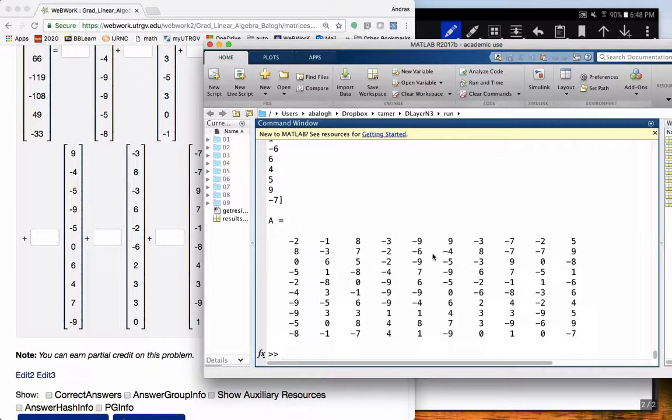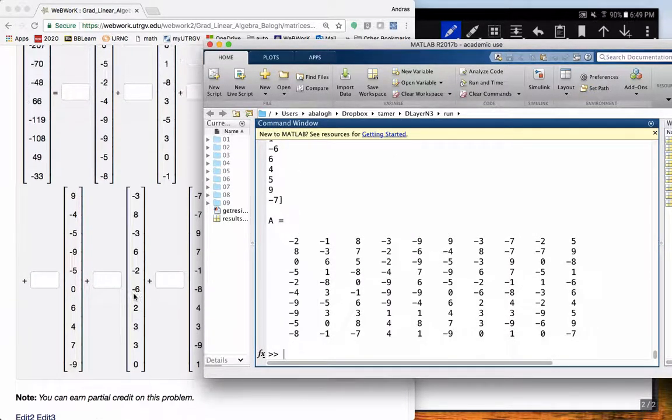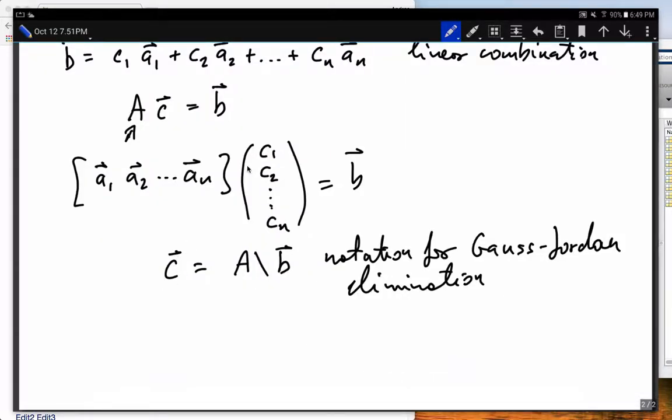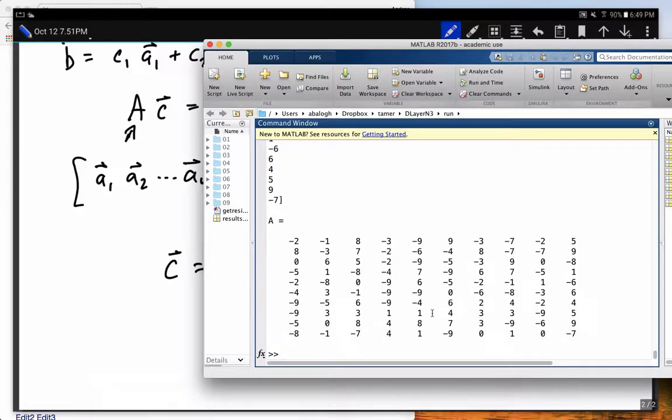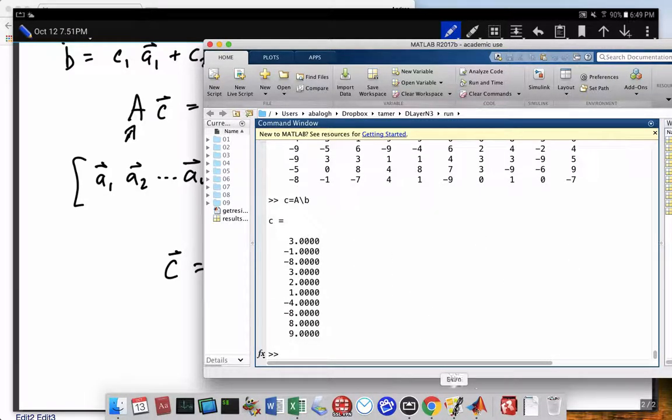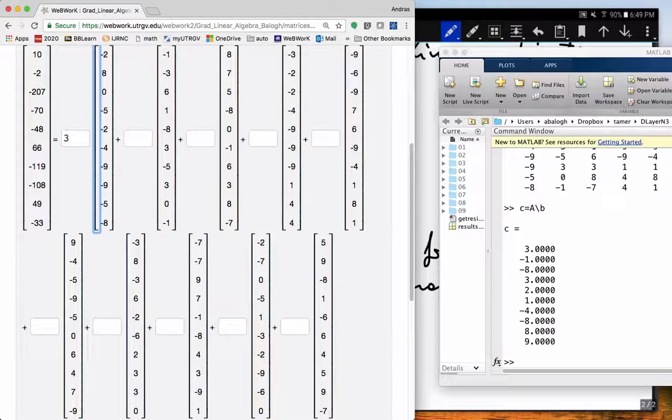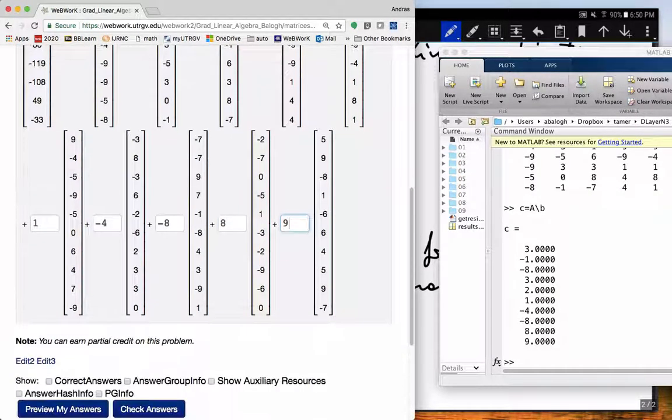Once you have all the 10 columns, then again, to get the C coefficients in the linear combination, we solve the A times C equals B equation using left division. So that means C equals A backslash B. And again, this is supposed to be integer, what you get. 3, minus 1, minus 8, 8, and 9.